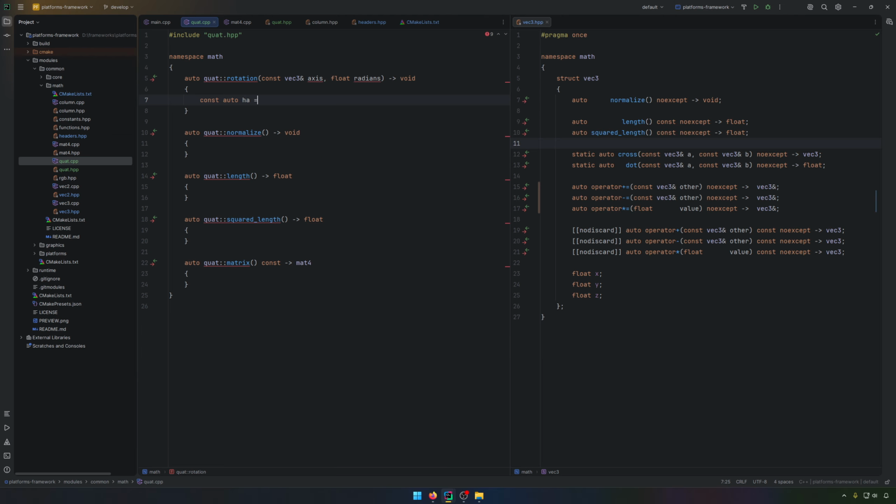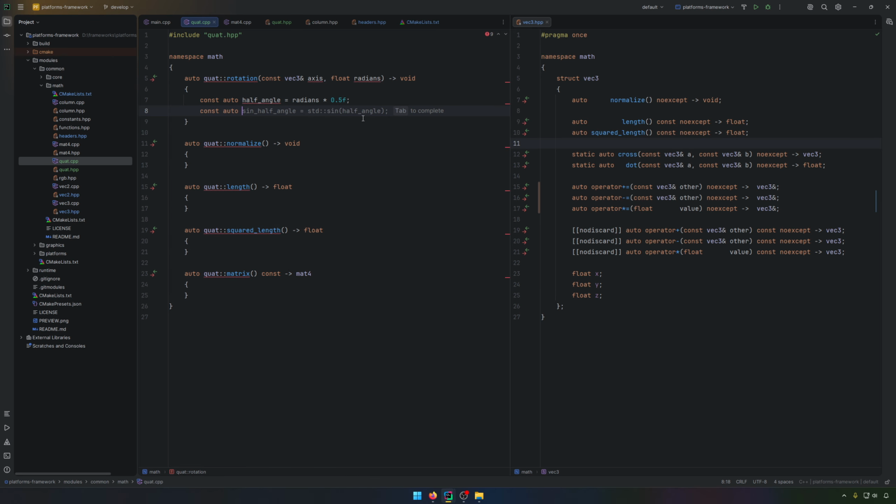We have the A, which means the half angle, or if you think it will be more precise or easier to understand, I will keep it as half angle. After that, we will need to have a sin for the half angle. Like I said, this needs to be radians, very important. And after that, we'll have a sin on this angle.